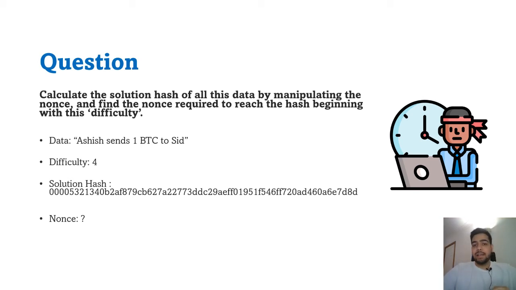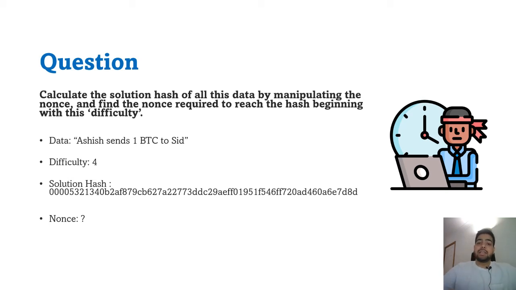And the difficulty here is 4. Now, what is difficulty? The difficulty is the number of zeros in front of this solution hash. So you can see that the hash that we need to find should have 4 zeros in the front, and this number 4 is the difficulty.